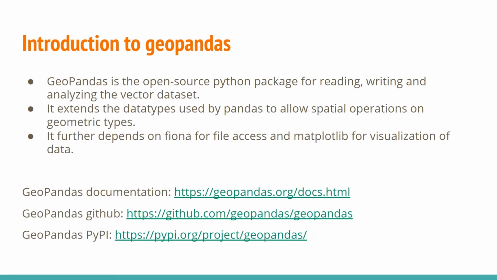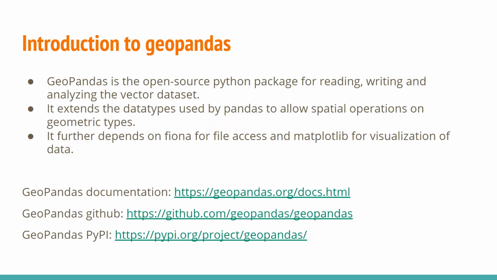As I already said, GeoPandas is the open source Python package for reading, writing and analyzing vector datasets. If you are familiar with pandas, then it's kind of an extension for geometric operations on geodata. That means it is built on top of pandas, so we can do spatial operations on geometric objects.